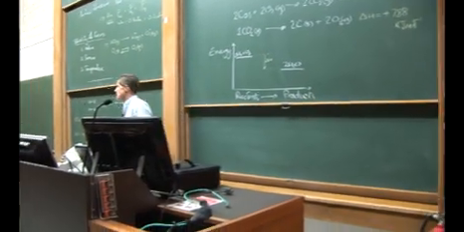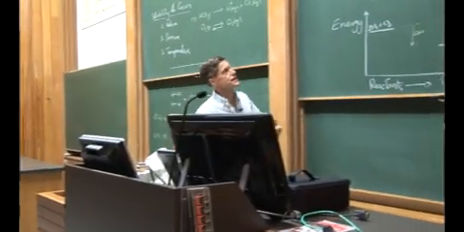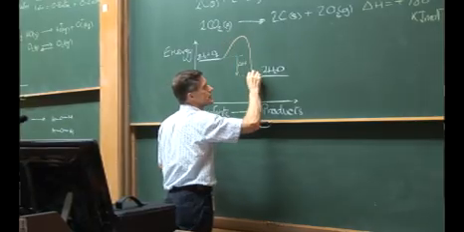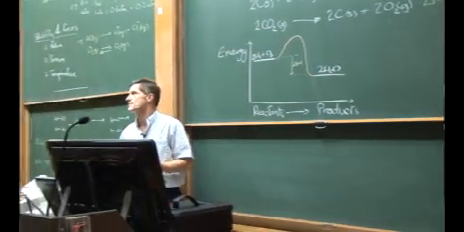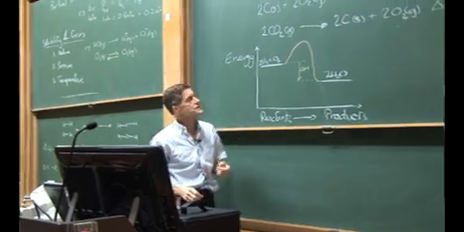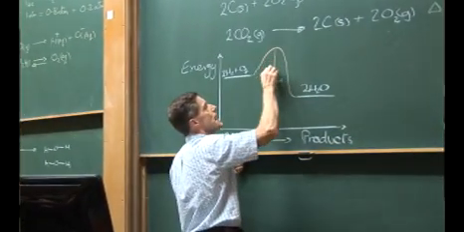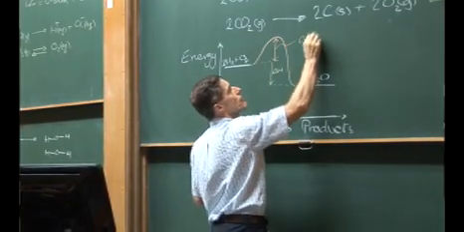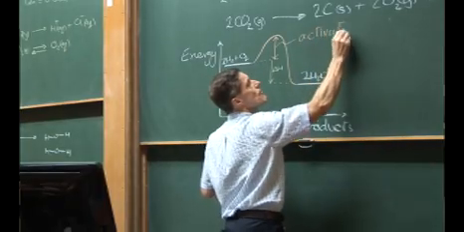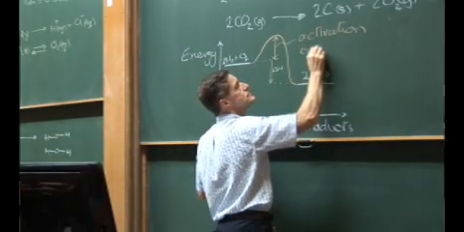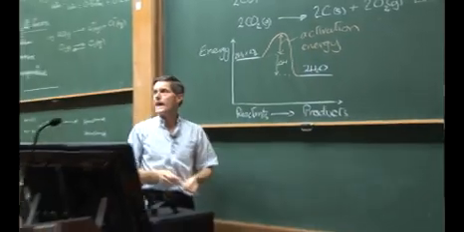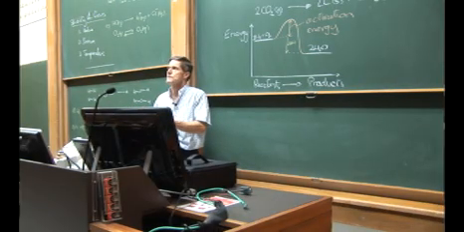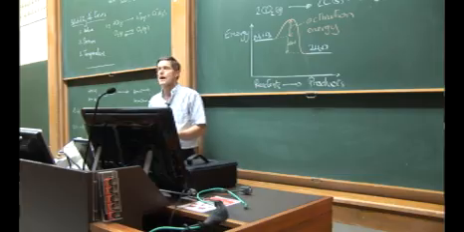But I have to actually add in a little bit of energy to get this to occur. And the actual change in energy as the reaction progresses may look something like that, where this initial hump is what we call the activation energy. And the activation energy of a reaction is the minimum amount of energy required in order to get the reaction to go.